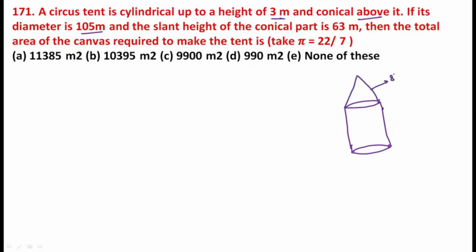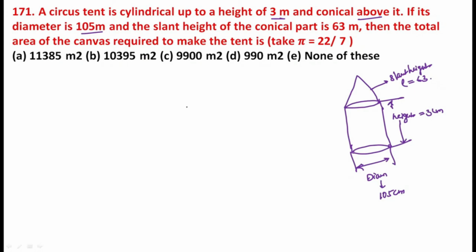This is the slant height, this is the height, and this is the diameter. They have given the diameter as 105 centimeters. As per the question, the height is 3 centimeters and the slant height is exactly 63 meters. You need to identify the total area of canvas.